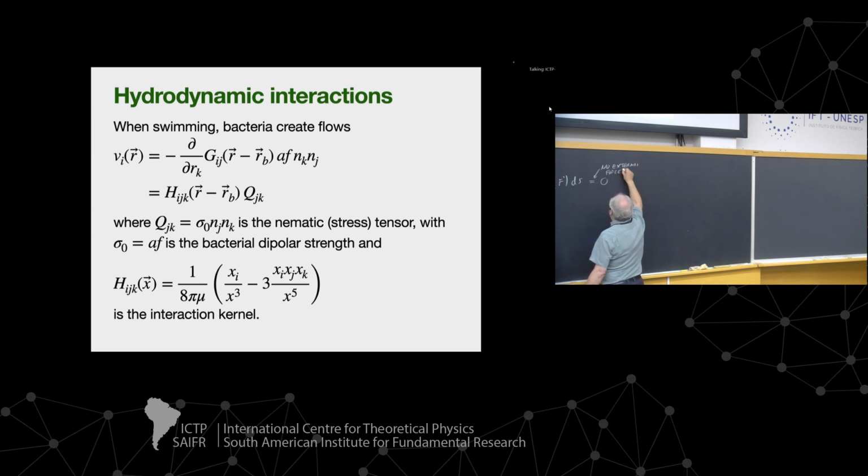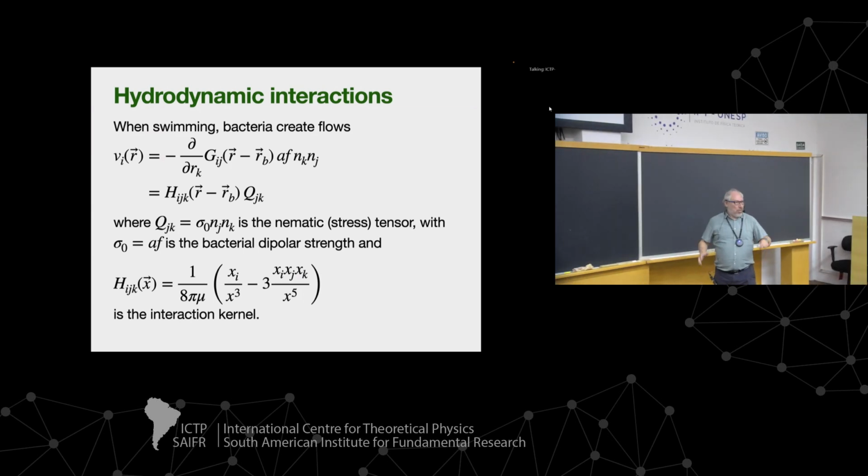Yes, this is the thing that Julia discussed in detail. A swimmer has no external forces, so by Newton's second law, if there's no net force on the bacterium, it cannot exert a net force on the fluid. Okay, so that's 0, except for heavier things where you have a net force.